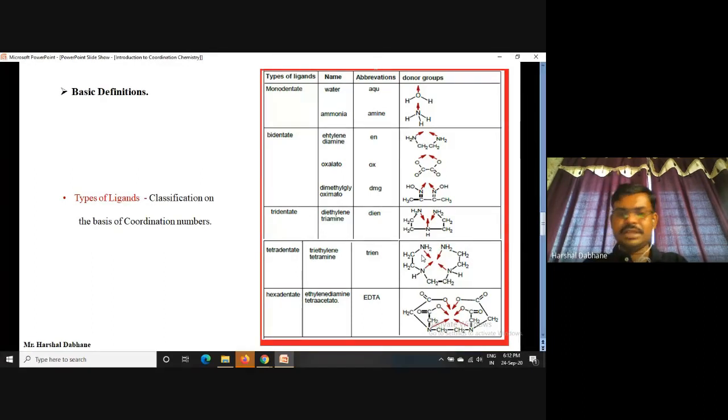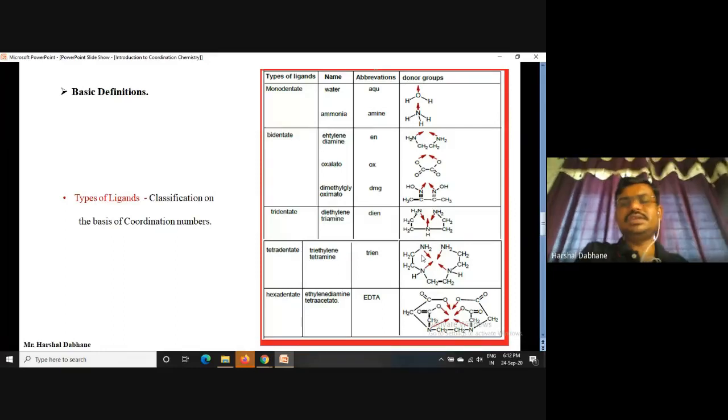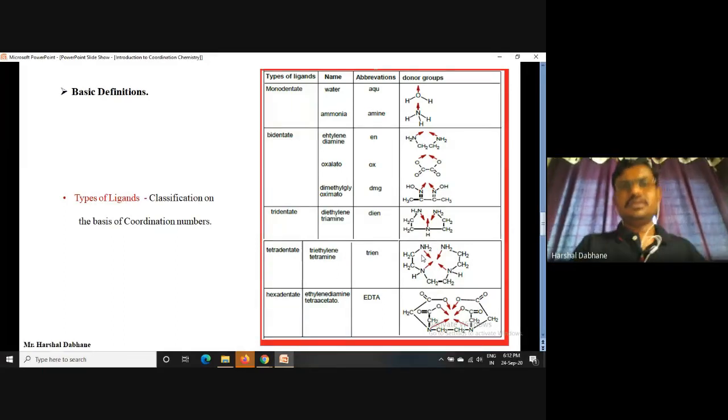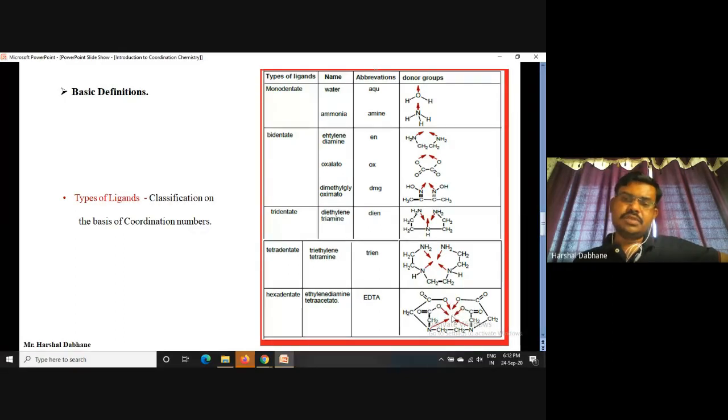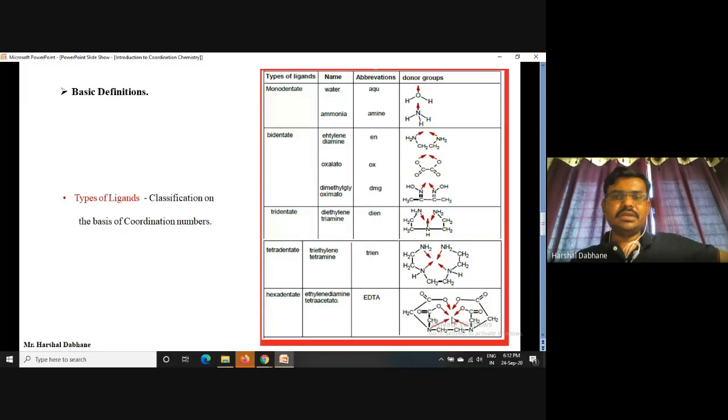The next one is the hexadentate ligand, and the best example is EDTA. EDTA has the capacity to donate six electron pairs: two by means of the nitrogens and another four by means of the oxygens. So a total of six electron pairs are donated to the metal ion, meaning one molecule can form six bonds.